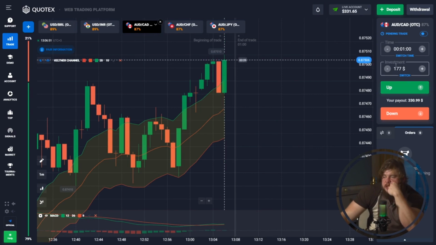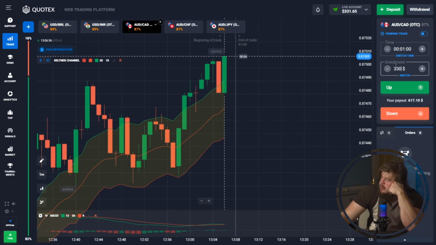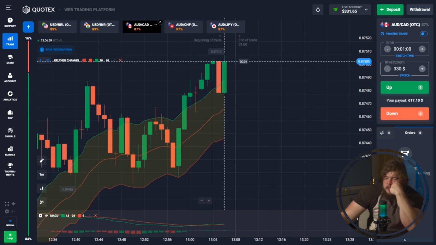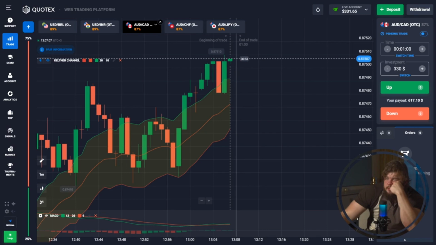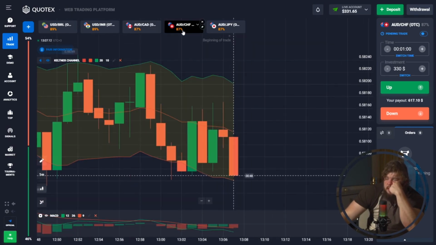Now let's change our investment to $330. By the way, concerning the counter channel, how does it work? Everything is very simple also. We have a channel with a roof and a bottom, roof and floor, and the middle line of it.